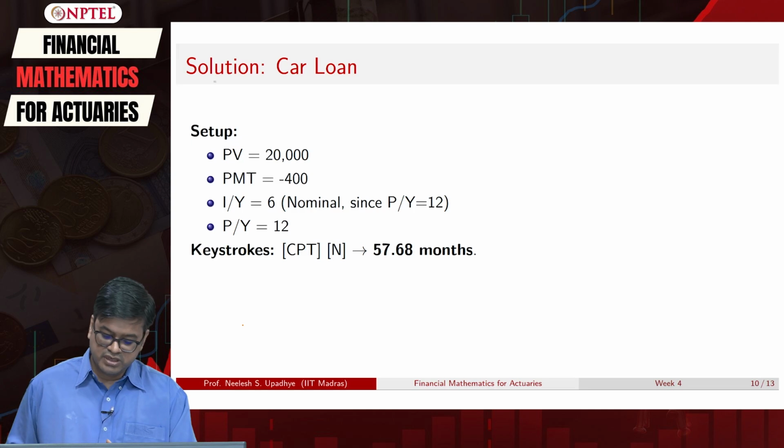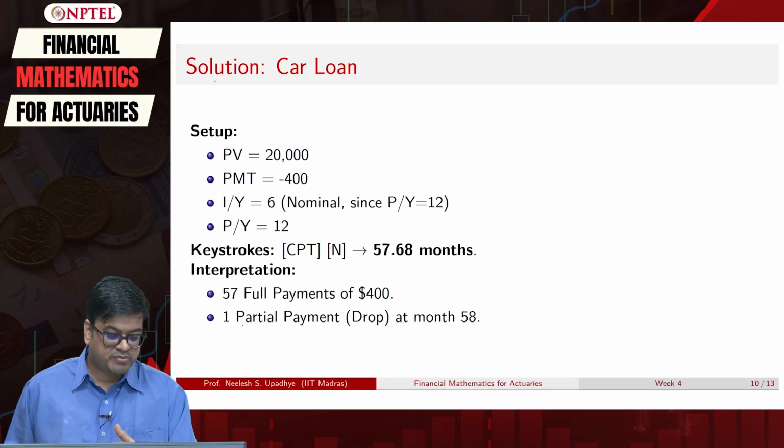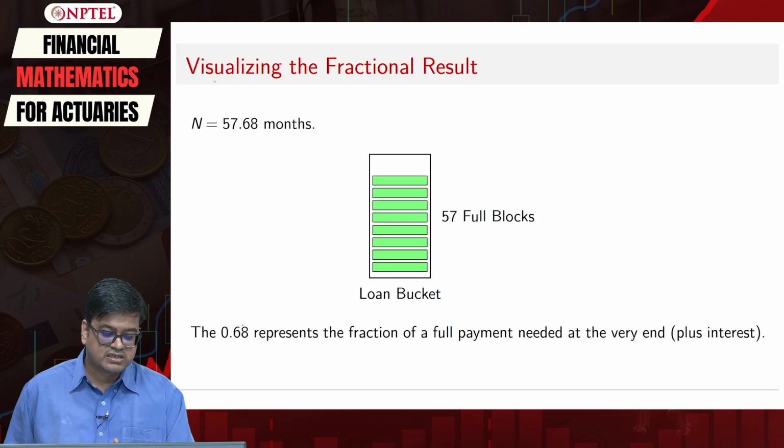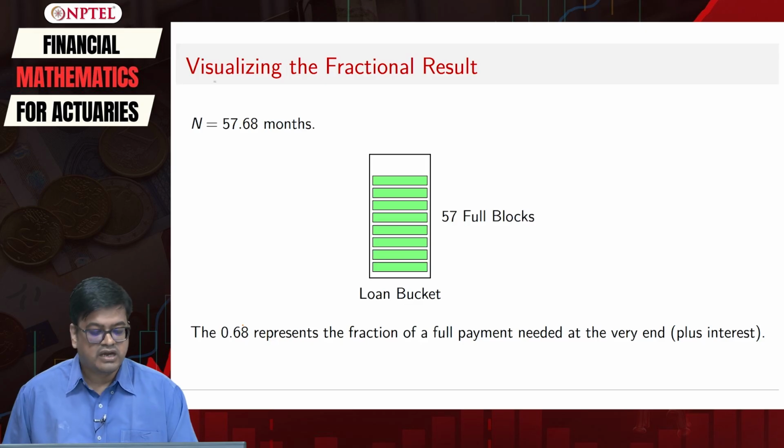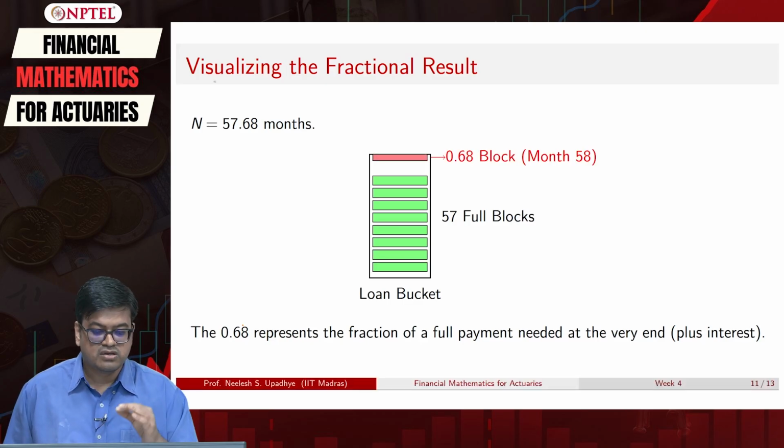So there will be 57 full payments of $400 and one partial payment, which we call a drop payment, at that month. So what is happening here is, we essentially have 57 full blocks and one partial block of 0.68 will be delivered on month 58.